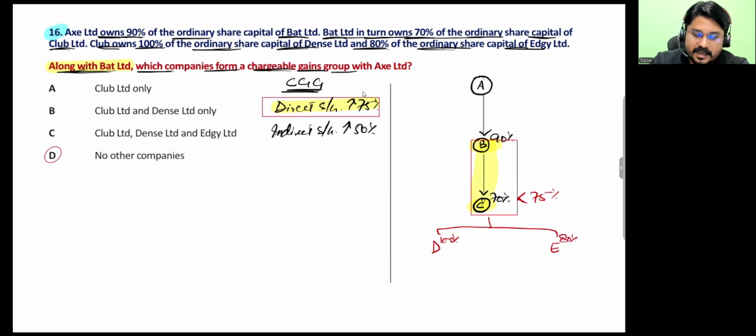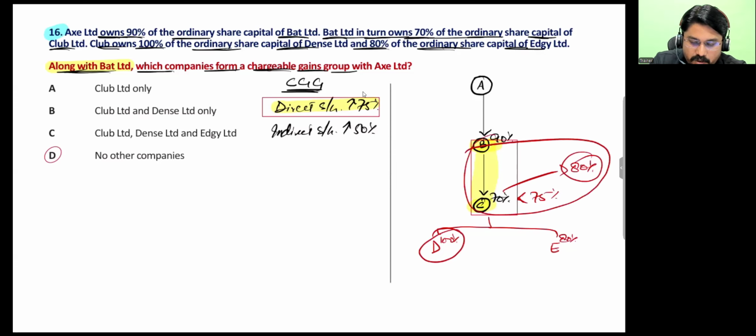Let's say instead of 70%, I change this percentage. If it is given that company B owns company C at 80%, then we will check indirect shareholding by multiplying these two percentages, because then the relationship between B and C meets the direct shareholding condition.